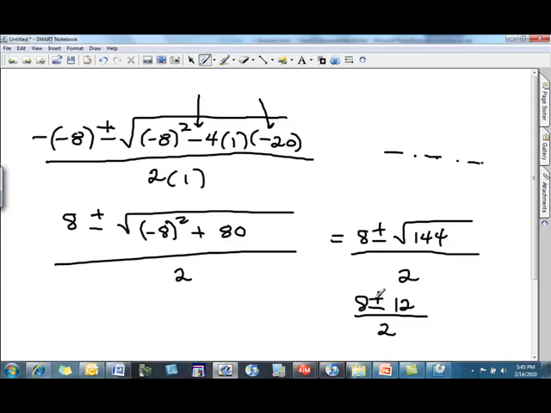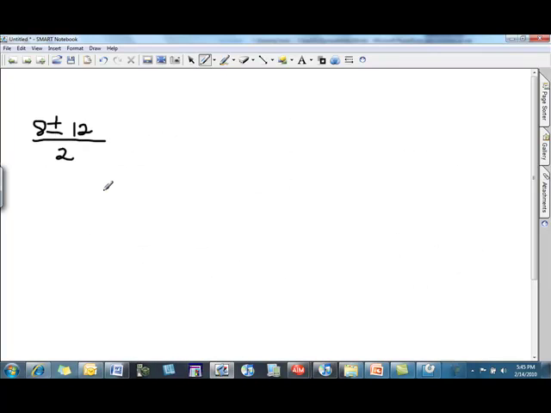We have 8 plus 12 divided by 2 and 8 minus 12 divided by 2. So 8 plus 12 is 20 divided by 2 is 10. And 8 minus 12, well, the difference between 8 and 12 is 4, and the 12 is bigger, so 8 minus 12 is -4.